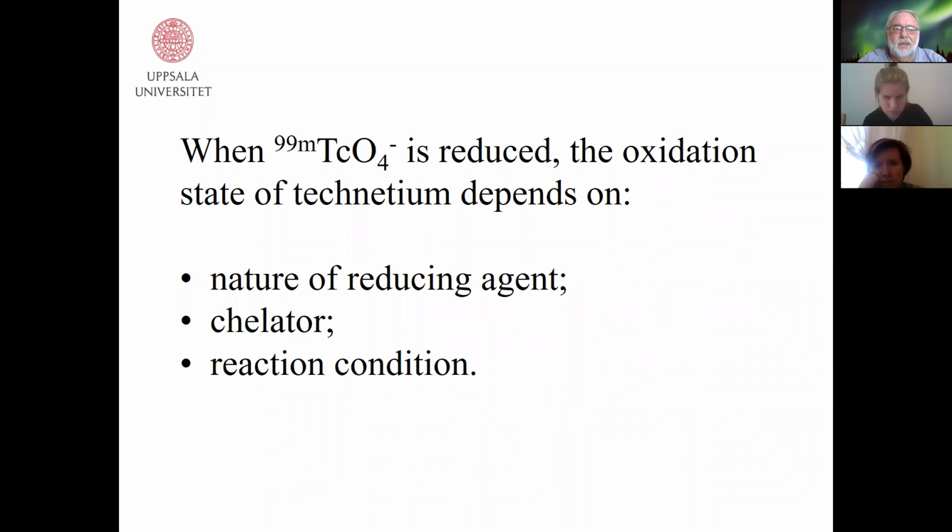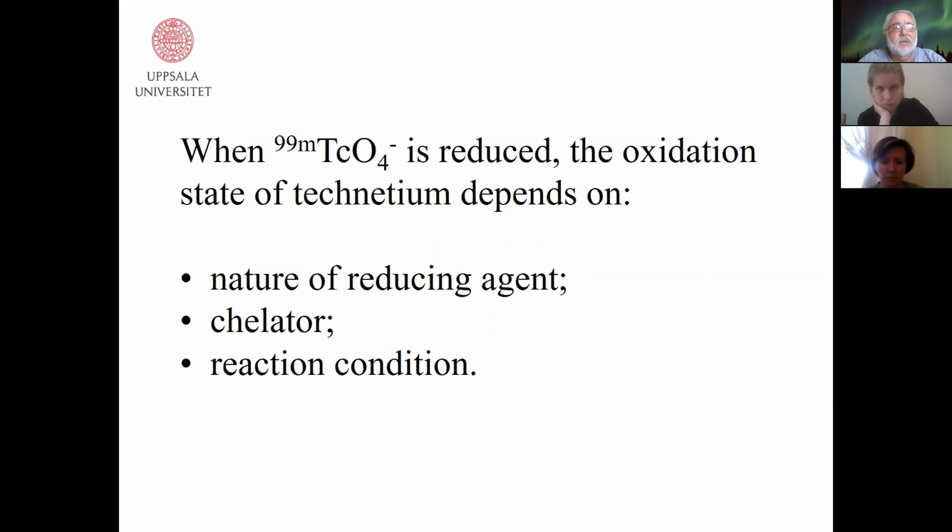And when you reduce pertechnetate, the oxidation state of the product depends on several factors. It depends on the reducing agent. You could use a variety of them.